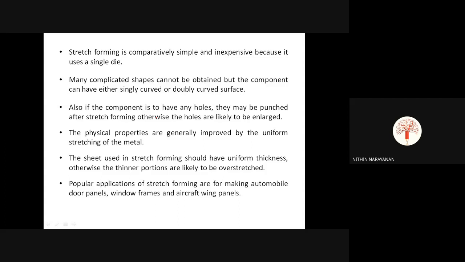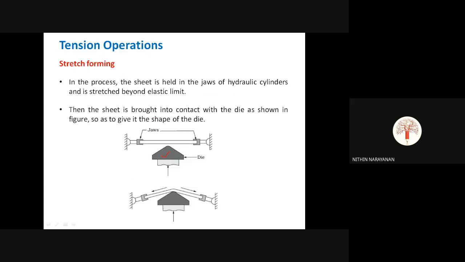Complicated shapes cannot be obtained, but the component can have either a singly curved or doubly curved surface. Complicated shapes cannot be made using stretch forming, but we can make curved surfaces. Also, if the component is to have any holes, they should be punched after stretch forming, otherwise the holes are likely to be enlarged. In this example we are using a plain sheet.